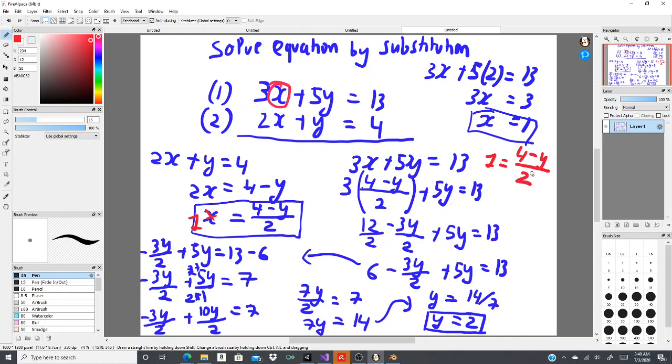So if we do that, y should be equal to 2, and we multiply both sides by 2, I get 2y equals 4 minus 4x.